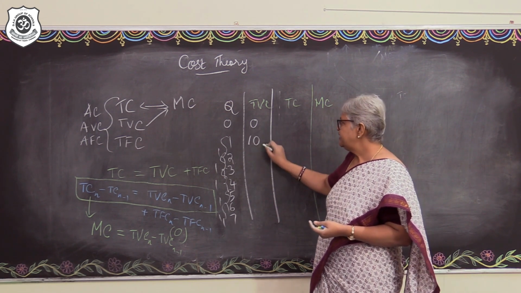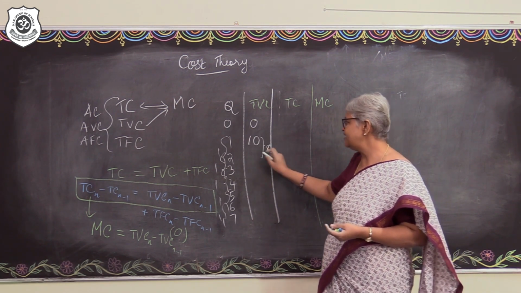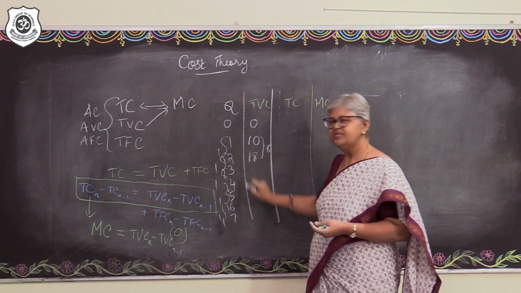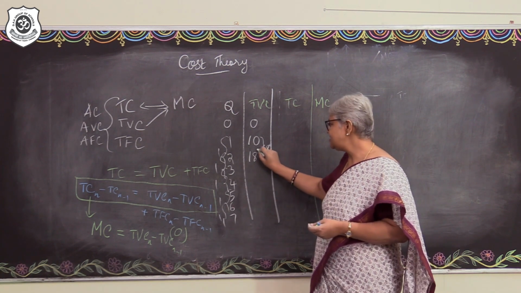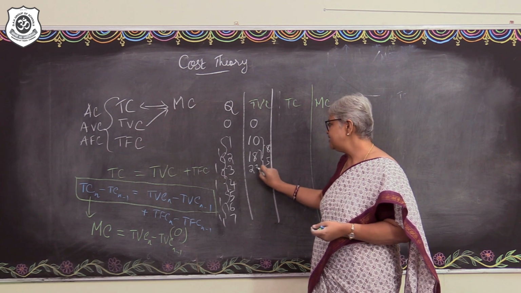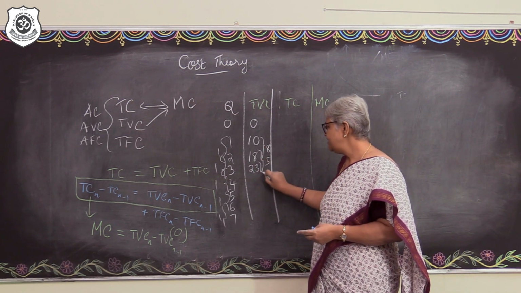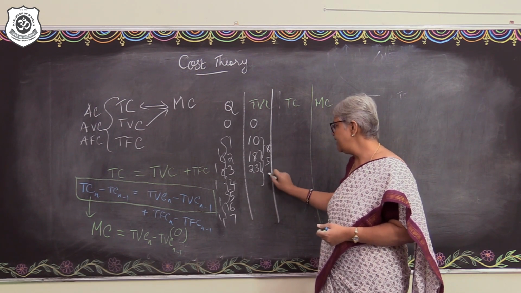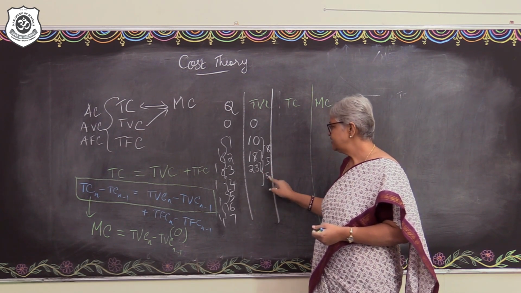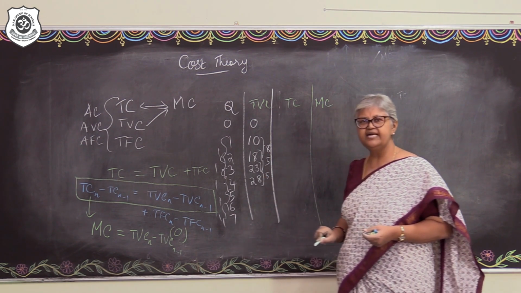Then the next level it is going to increase by 8, so 10 plus 8 will be 18. Then the next level, let's say it increases by 5, so that's 23. Then again the next level, let us say it increases by 5, so this is going to be 28.